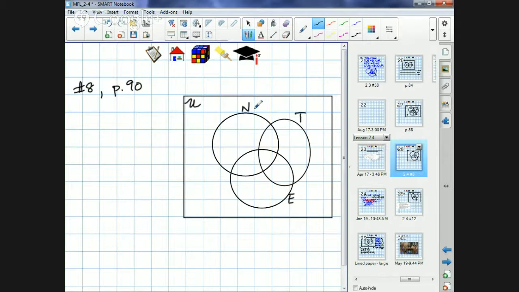The 10 a.m. class I labeled with a T for 10. And the 11 I labeled with an E. If I put numbers there, we would be totaling them when we didn't want to. We got N, T, and E.